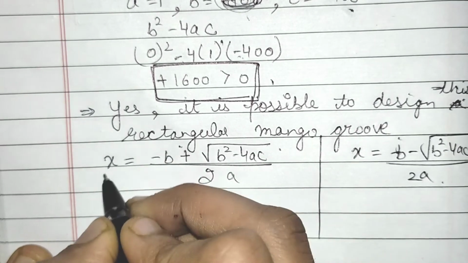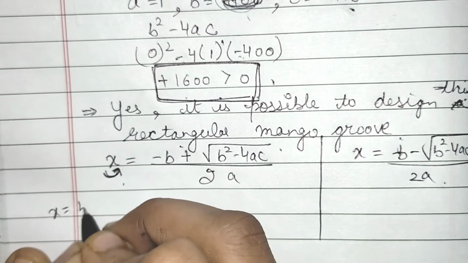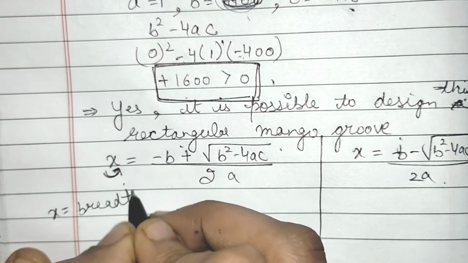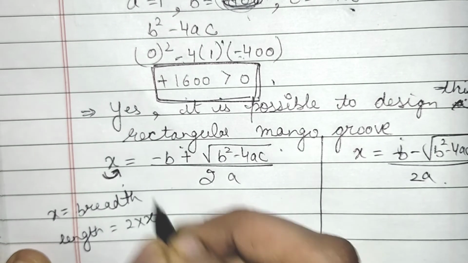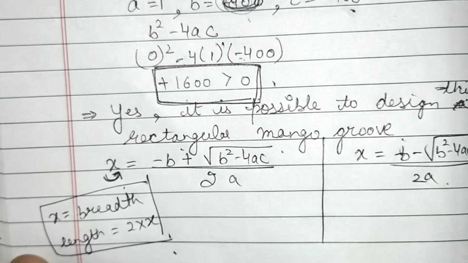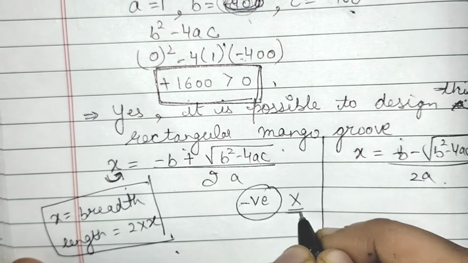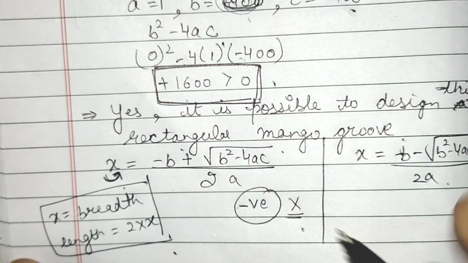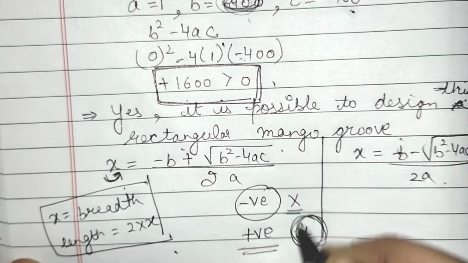Whatever value you get after solving this equation for x will be your breadth, and your length will be 2 times that value. Remember that if you get any negative value, then discard it. That value is not possible. Only the positive value of x will be possible.